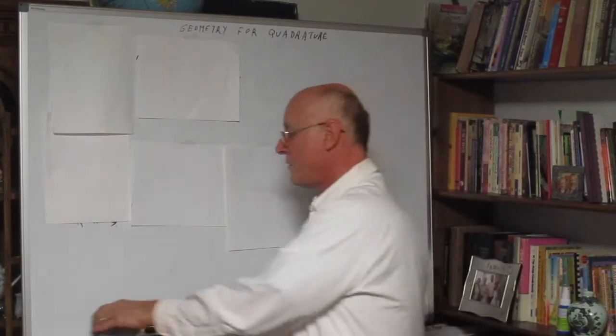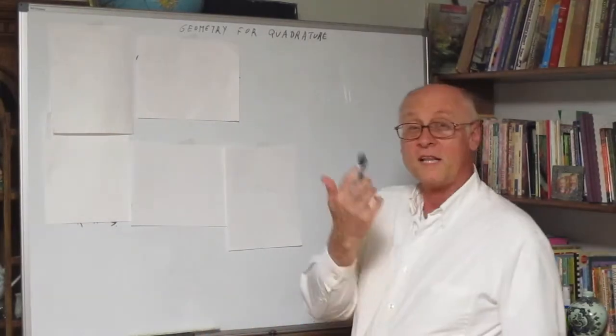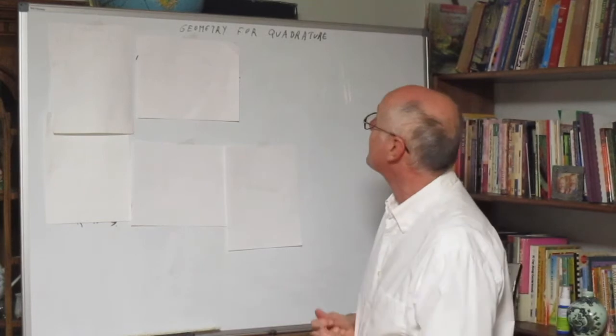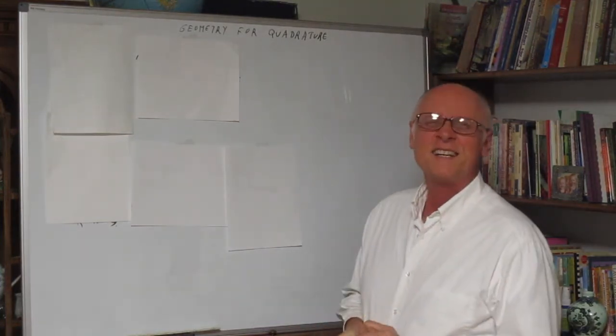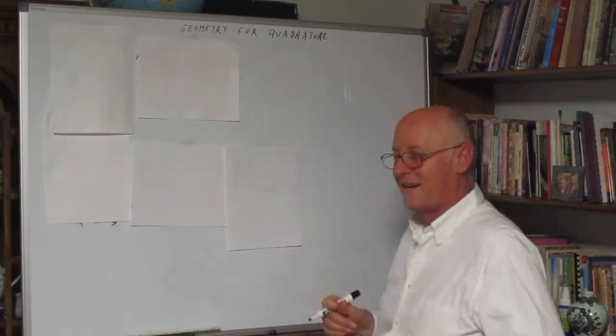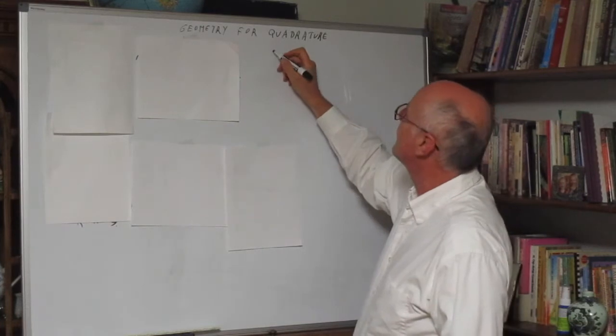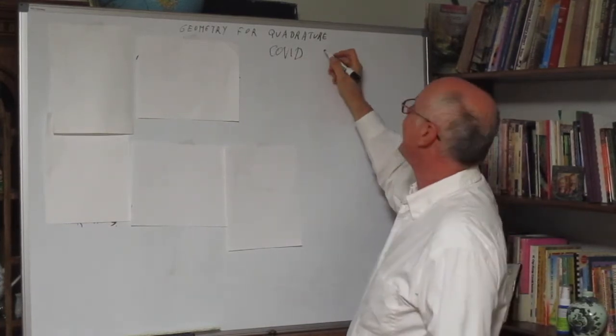Maybe we need to give it a code name until I get your feedback. Well, what should we call it? You got a good code name for this? We can't call it affine because maybe it isn't affine. I don't know. How about COVID? COVID affine.